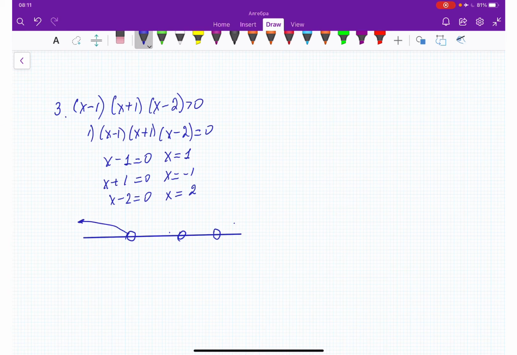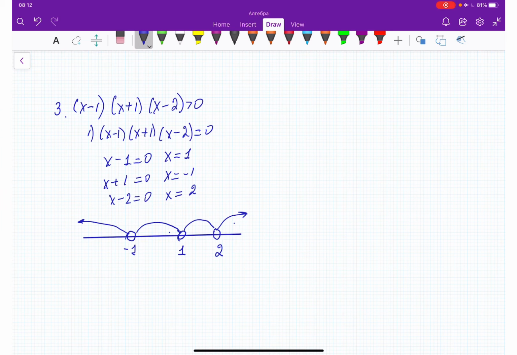So, looking at this interval, and then this, let's see which one is going to be the solution. All right. So this is negative 1, this is positive 1, this is positive 2.